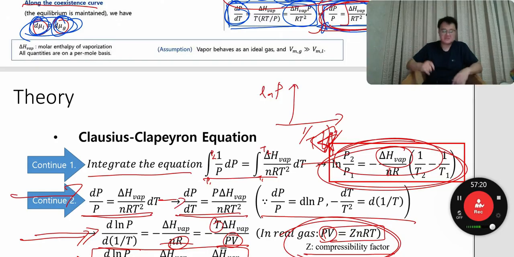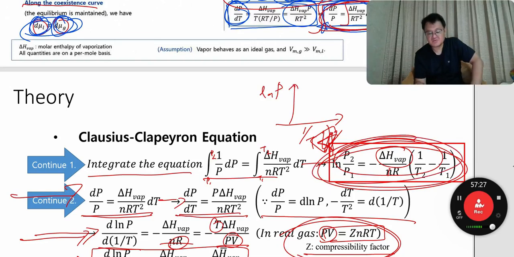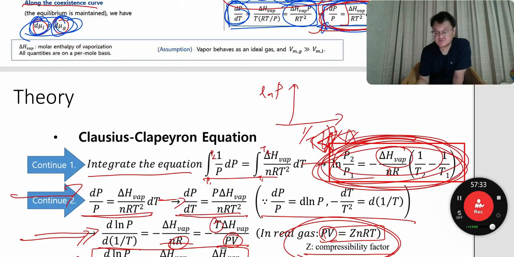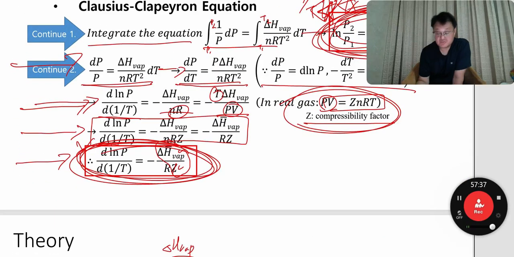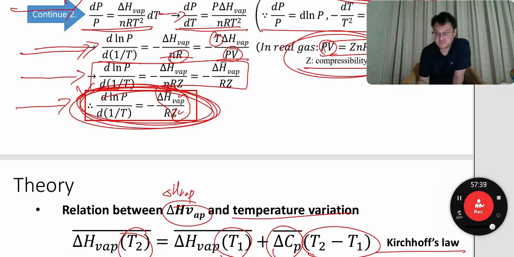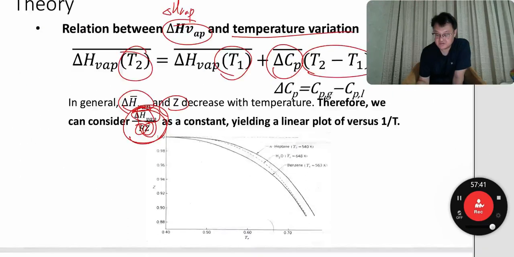So ultimately, delta HVAP over Z can be regarded as a constant, coming up to almost the same conclusion as the equation we learned in general chemistry. This is actually the equation that we learned in general chemistry. We come up to basically the same conclusion, right?